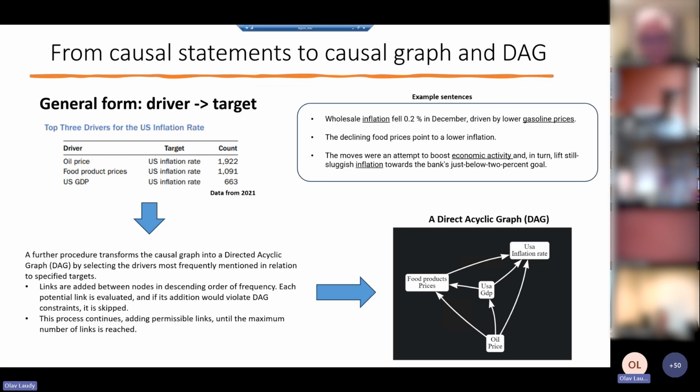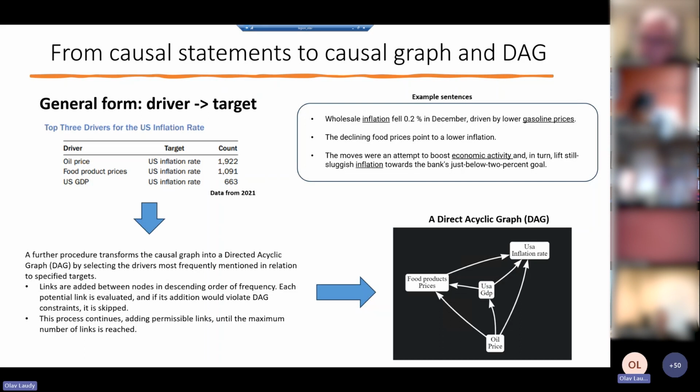Separately, we collect all the links between all the nodes, that is, all the drivers and all the targets together. To create the DAG, we start with a graph only with nodes and populate links in descending order of frequency. If we encounter a link that creates a cycle in the graph, we skip that link.